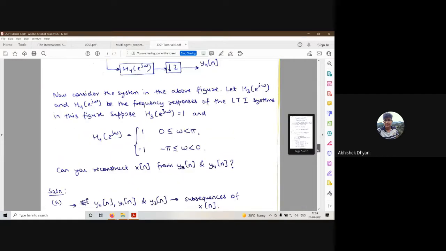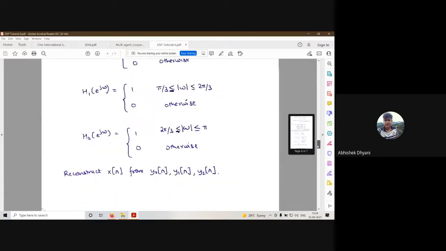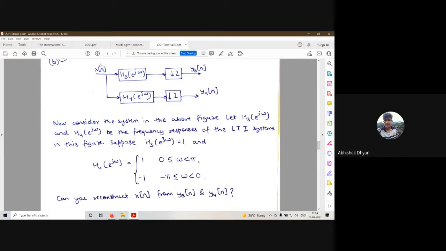Now let's look at the second part, which is a little bit more interesting. Here we are given this sequence x of n again, and we have two filters, h3 and h4, and we have been given their Fourier transforms. h3 e raised to the power j omega is equal to 1, so its DFT is basically 1.